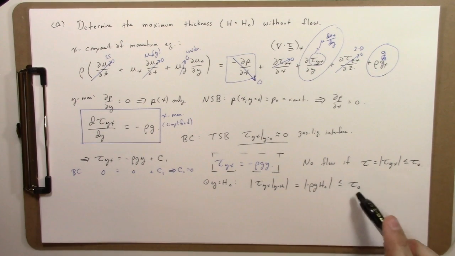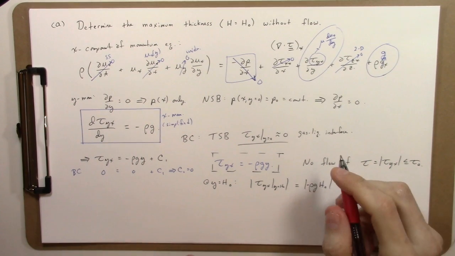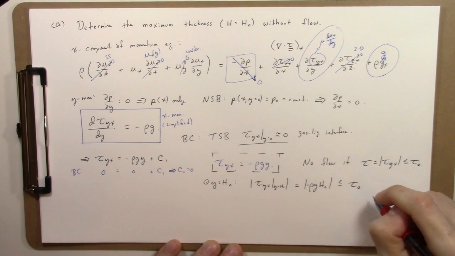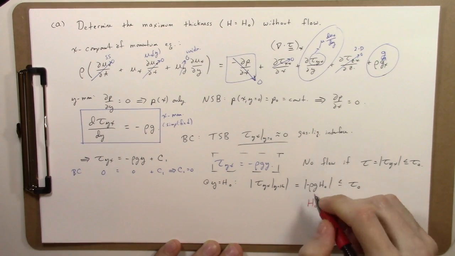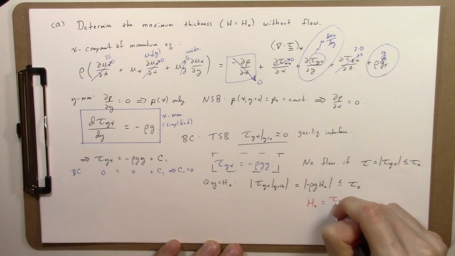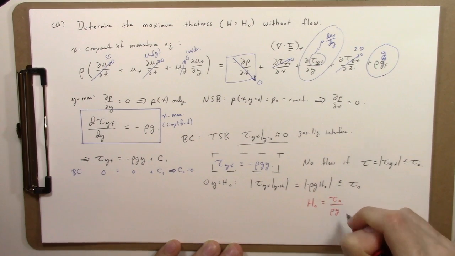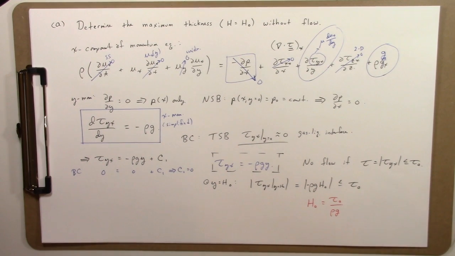And so if we take the absolute value and solve this, we find that we need h naught less than or equal to tau naught over rho g. And so the critical value of h naught is equal to tau naught over rho g, just as we found before.